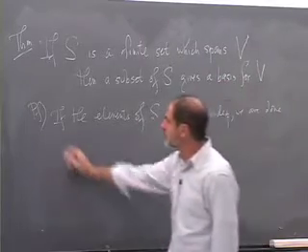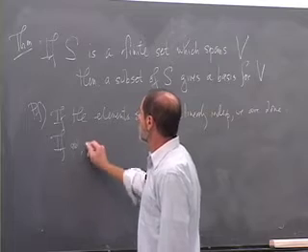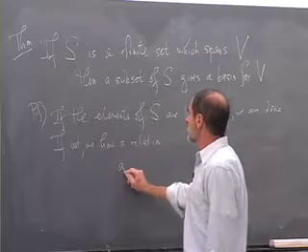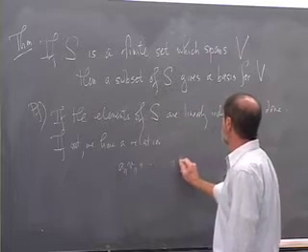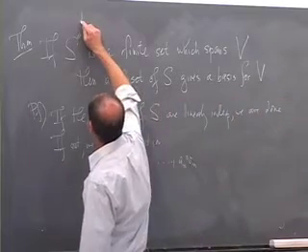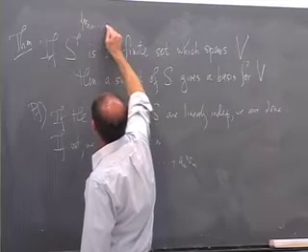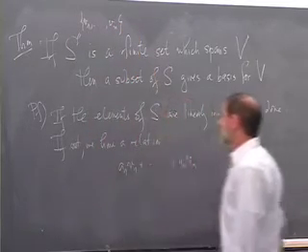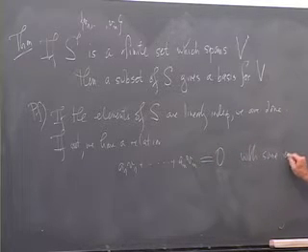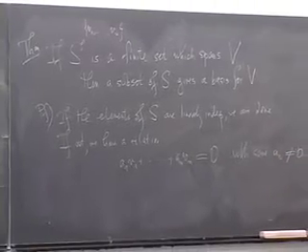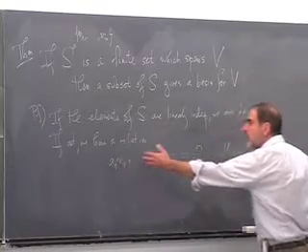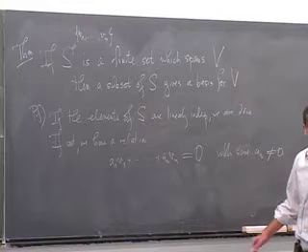So if not, we have a relation a1 v1 plus ... plus an vn equal to 0. The elements in S are v1 through vn, I should have said that. We have a relation equal to 0 with some ai not equal to 0. So either they're linearly independent or there's some linear relation between them. And some linear relation would mean some linear combination where one of the coefficients is non-zero.